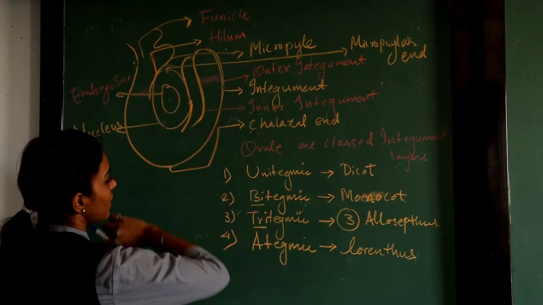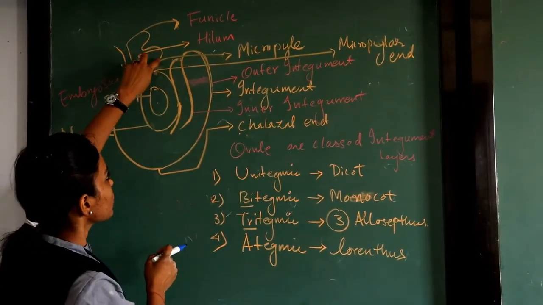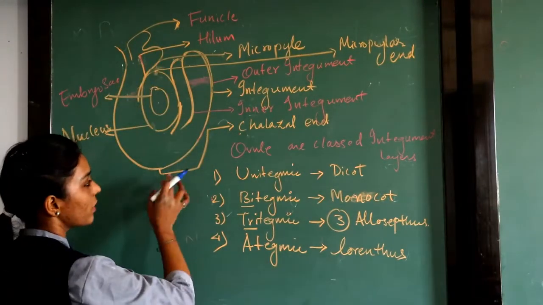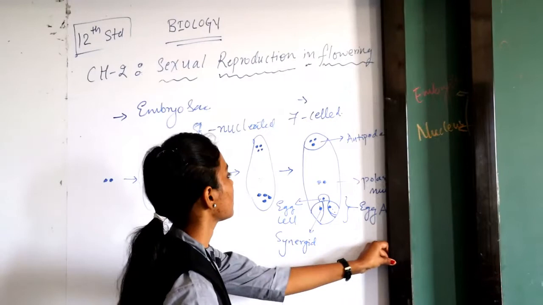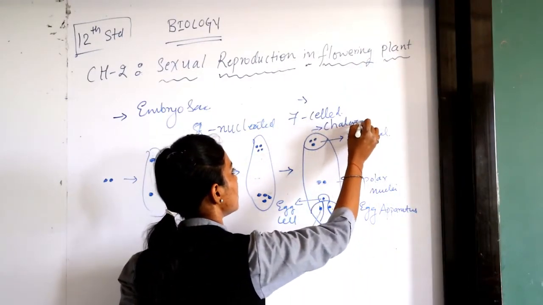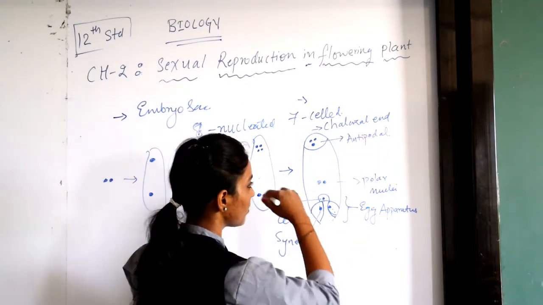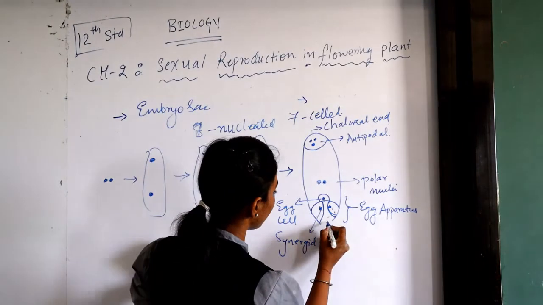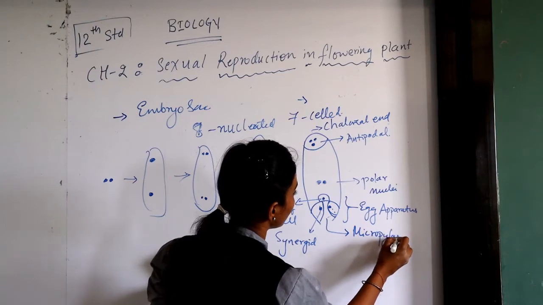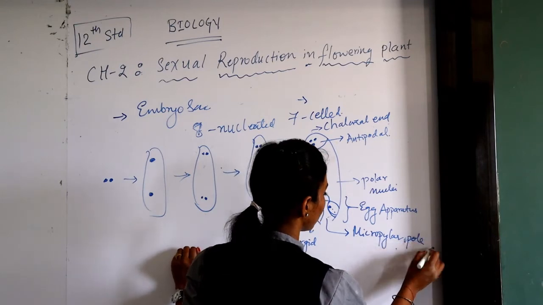See the diagram that I am drawing with the marker pen, I have just reversed it. The micropylar end I have kept downward and the chalazal end I have kept upward. Okay, here it is. This end is the chalazal end, and the micropylar end, I have told you, I have drawn the diagram upside down here. This is called the micropylar pole.